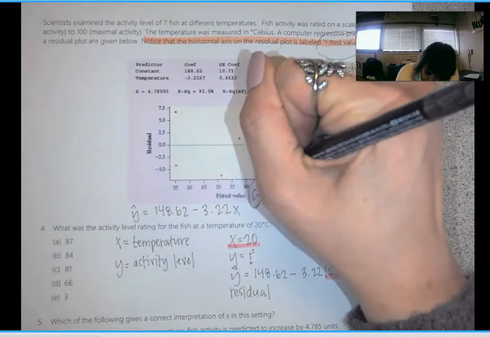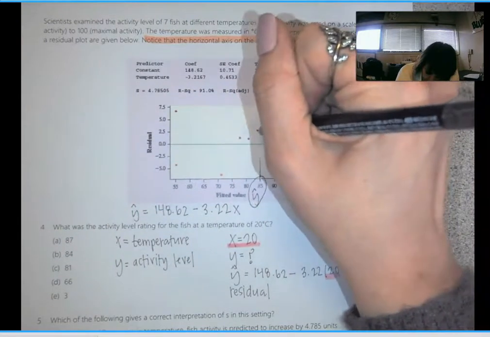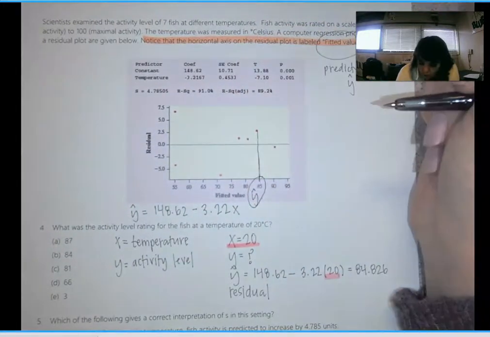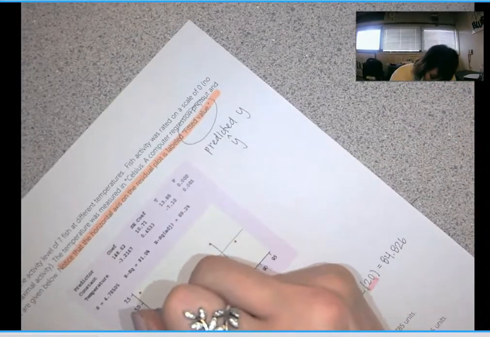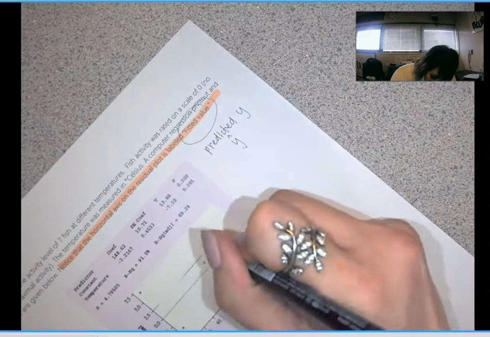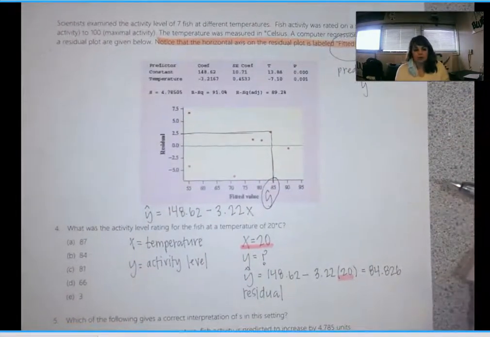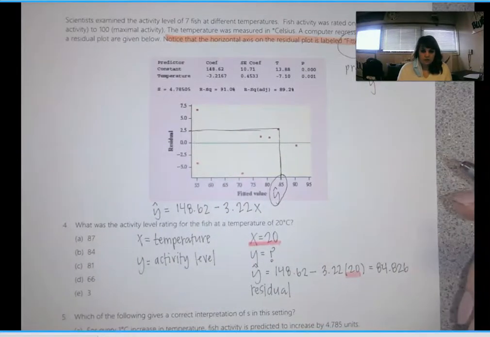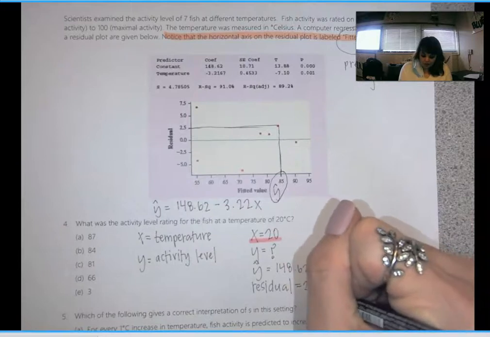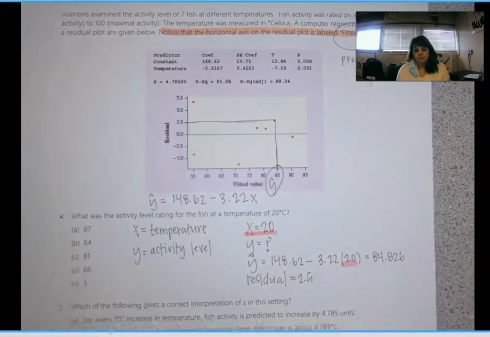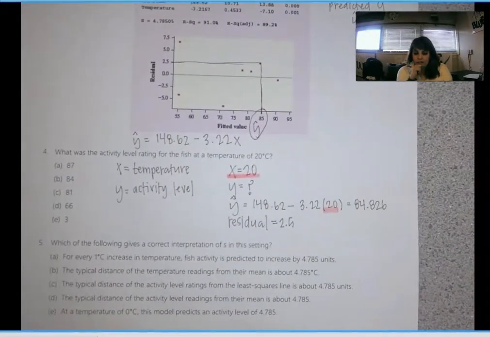So we're going to just follow the graph up to where the point is, and then we can follow the graph over to the residual it matches. So our residual is 2.5. Our residual is 2.5.